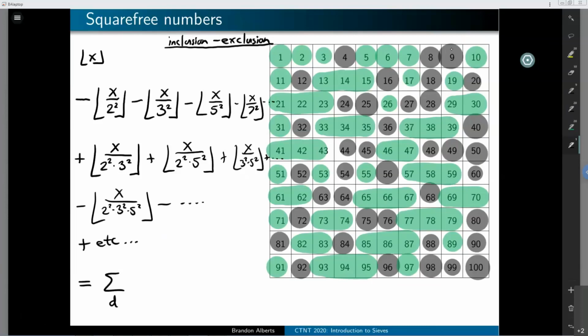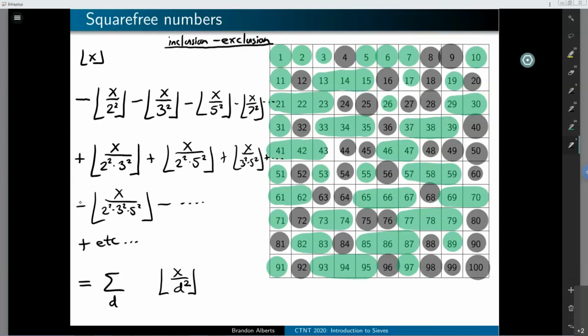It's a sum of the floor function of x over d, where, let's look, d, whatever this number is, if we look at all these floor functions, d is, well, it's a perfect square, but it's only divisible by primes squared. It's not divisible by any extra primes. And out front are plus or minus signs. So what I'll do is I'll say, we know d has to be a perfect square.